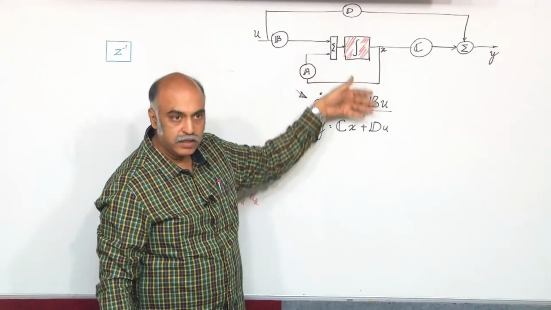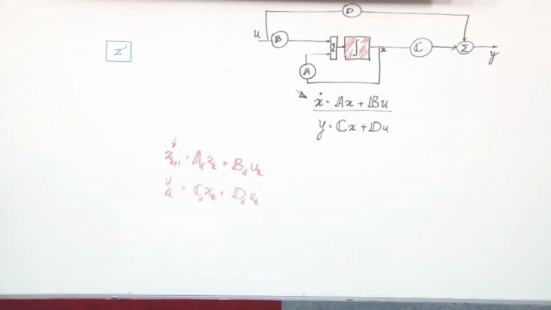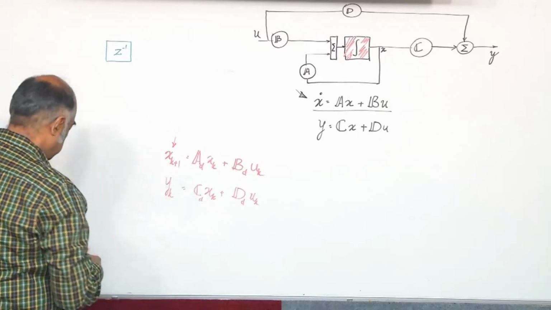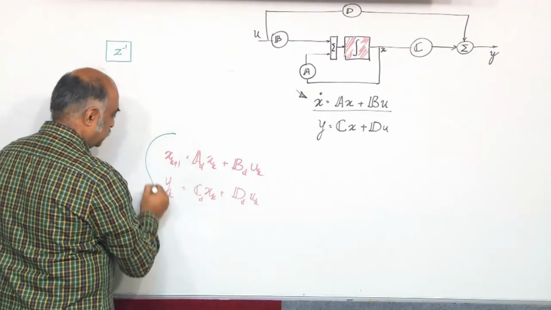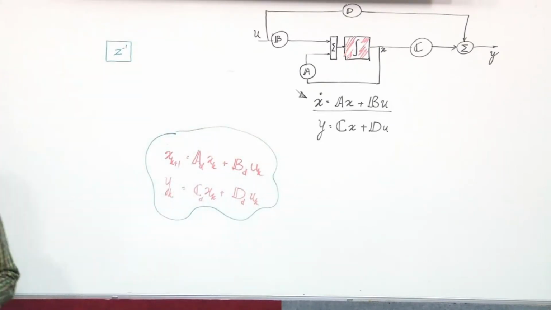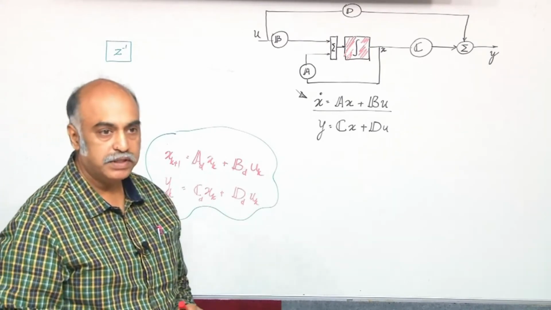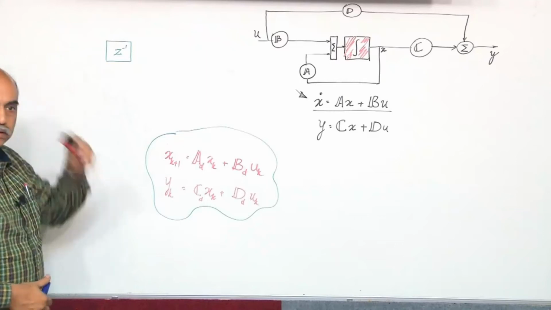So, there are n integrators coming in. So, likewise, if you look at this particular discretized version of the state equation, central to that is this.